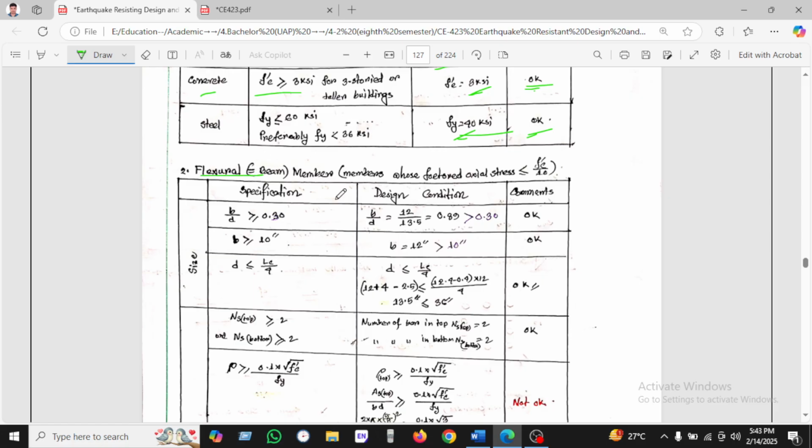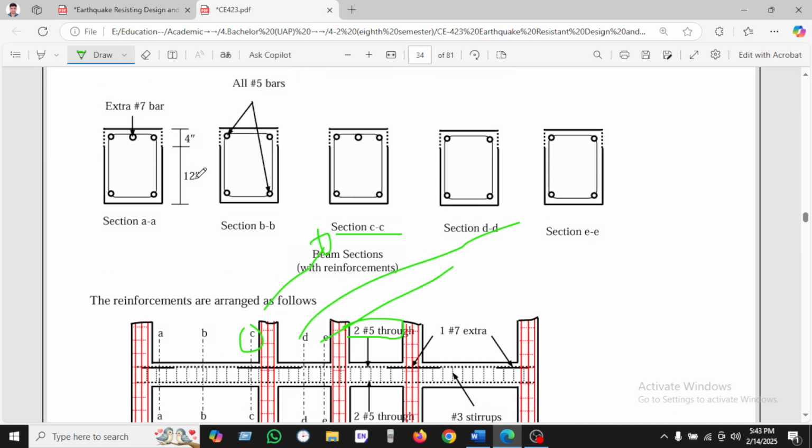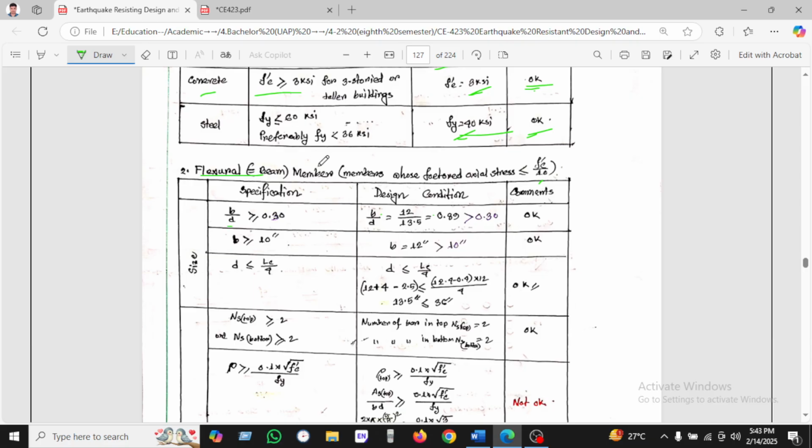So for flexural or beam members, where the factored load is apparently, the specification for D by B is 0.3, and in the design B is 12. So we've been seeing here B is 12, and D is 13.5.